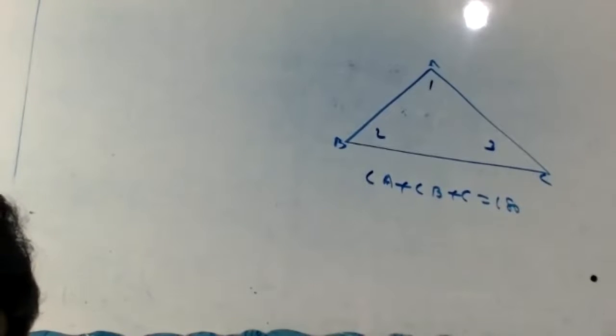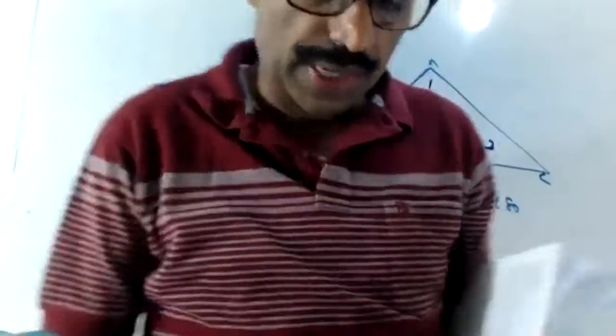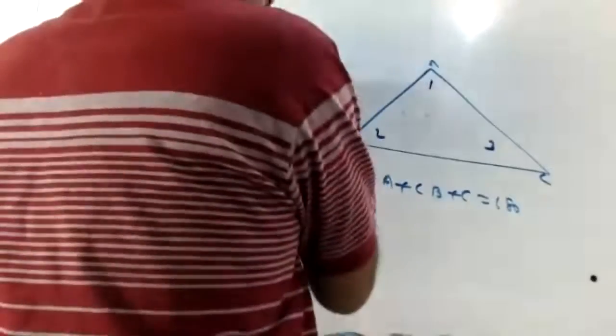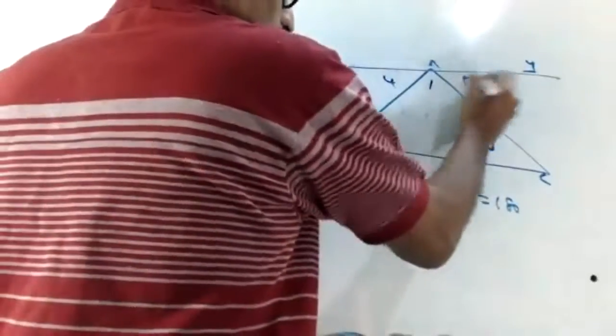Now stop all work. There is a construction. Look. Through A, draw a line XY parallel to BC like this. This is 4, here is 5.